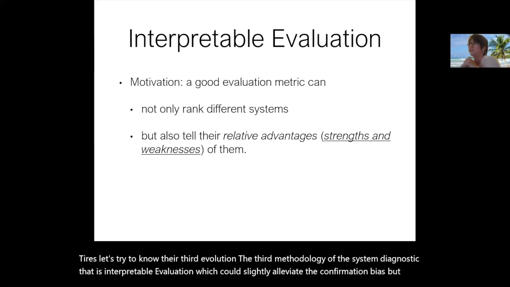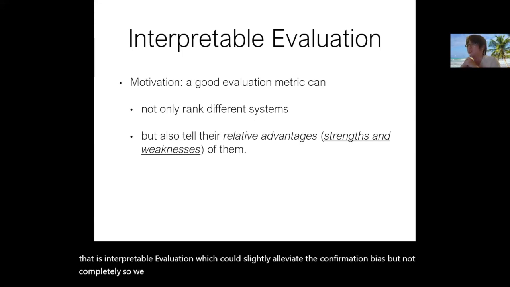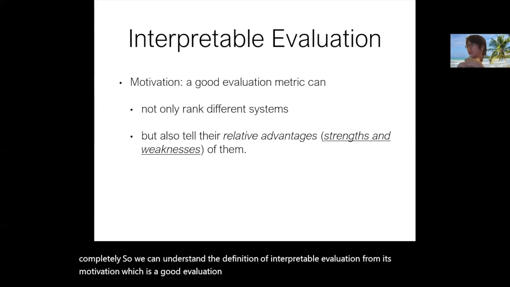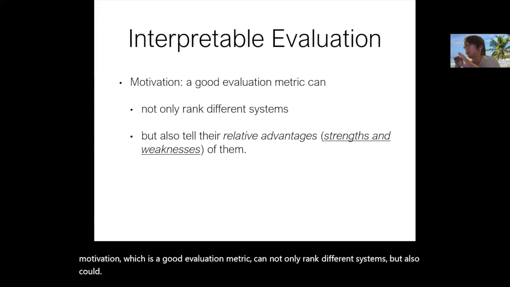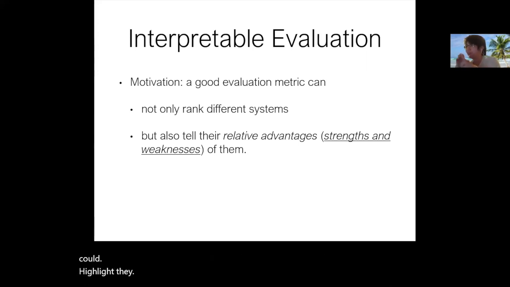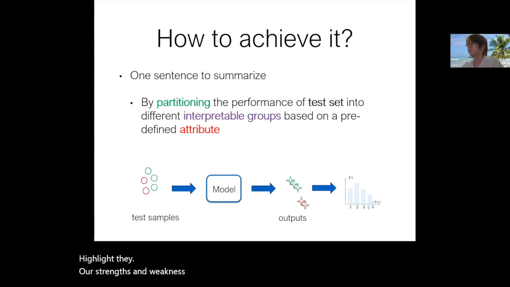We can understand the definition of interpretable evaluation from its motivation: a good evaluation metric can not only rank different systems, but also highlight the strengths and weaknesses between them. But how do we achieve interpretable evaluation?